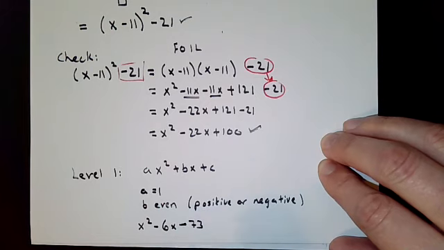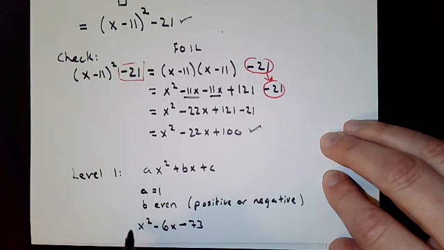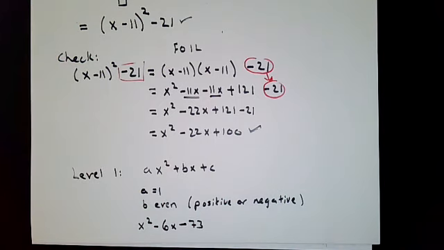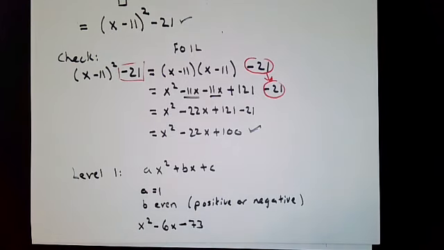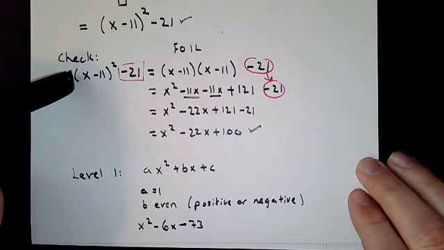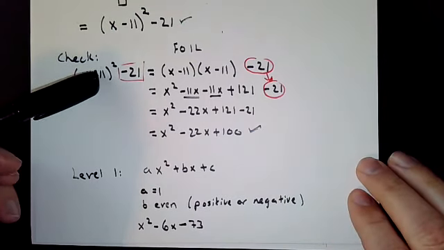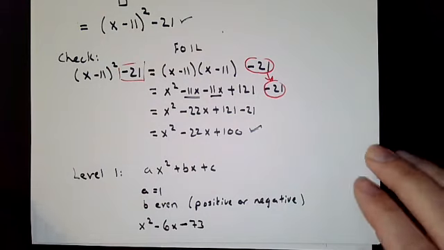It doesn't matter. But here's a perfectly good level 1 trinomial that you can practice completing the square with. And so as long as you're willing to pick an even number for your middle term, you can create your own practice examples and then check them by FOILing out and build your skills that way.